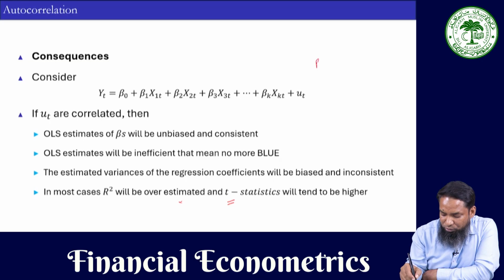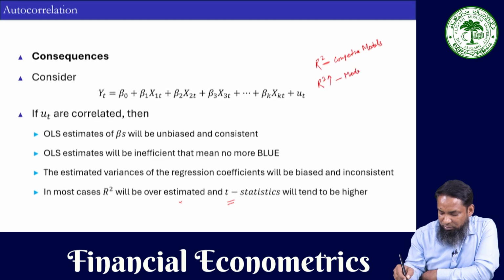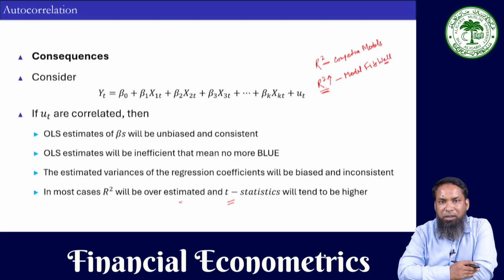From here we get another very important aspect, what we have discussed in the previous classes, that R square we use to pick and choose among comparative models. If R square is high, that model fits well, that is what we have discussed. That means higher R square is a desirable property of the regression equation.